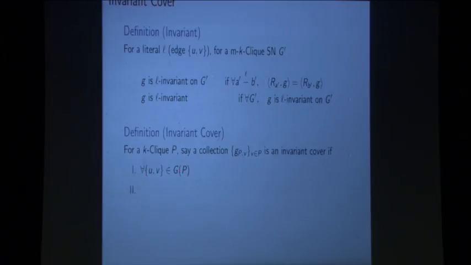For every edge that is in the instance of P, there will be some vertex W such that its vector is invariant with respect to that edge. You will see why it's defined this way in a moment, because it's defined so that the following lemma holds.